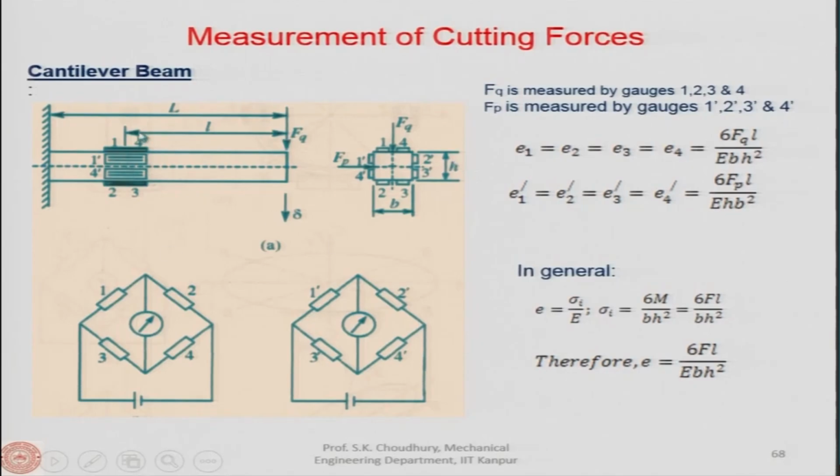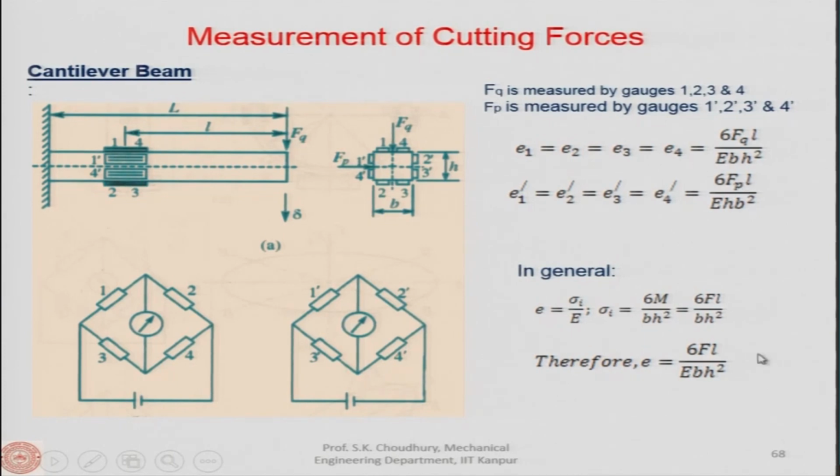Similarly, on the other plane, b and h will be interchanged, because it is the other plane. So there, E1 prime, E2 prime, E3 prime and E4 prime, similar to this equation, will be 6 and will sense the Fp.